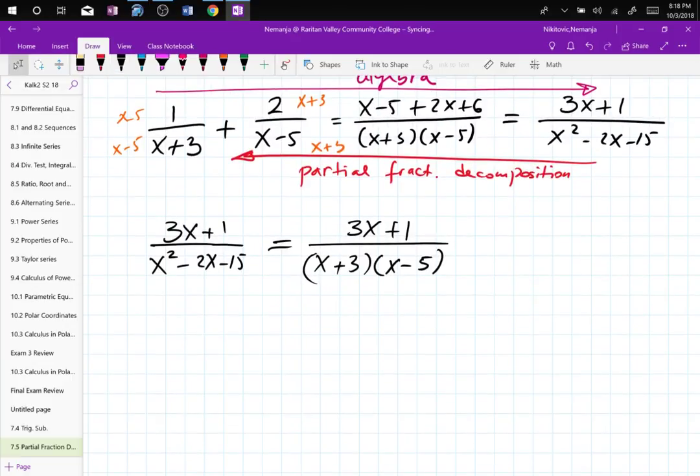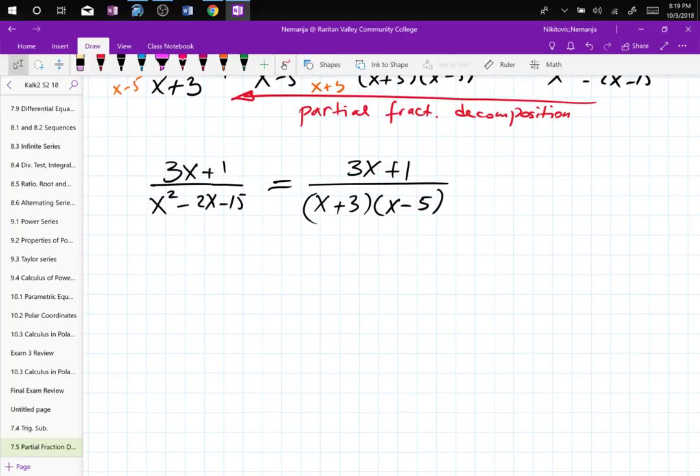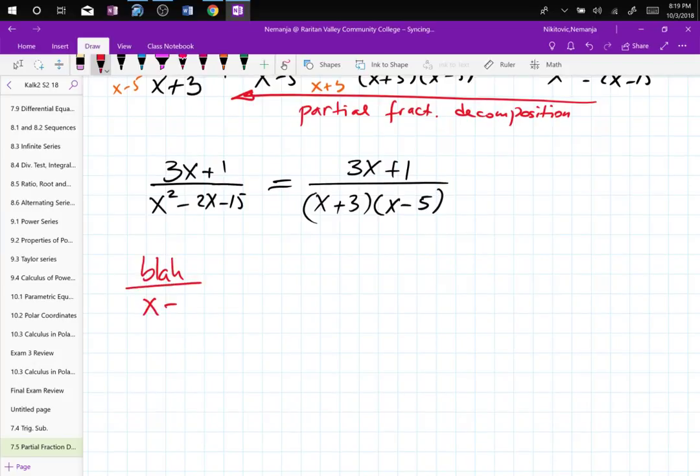Now, you have to memorize 4 situations so you can set up partial fraction decomposition. I can't help you there other than write them down. You either memorize this stuff or walk away. You can't make this up. So here are the 4 setups. Usually I put blah over x minus c. This is a linear term.